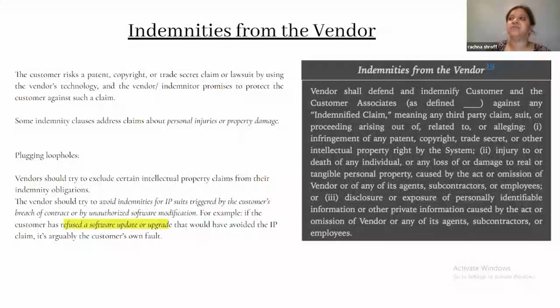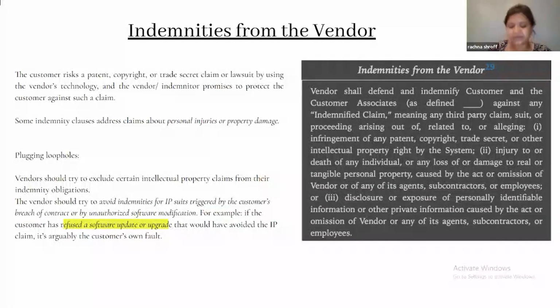Let me give you a very good example here. You use Microsoft Office, and then after some time the subscription gets over. Now people tend to just use a copy of it. Sometimes, have you seen, your system doesn't run it?